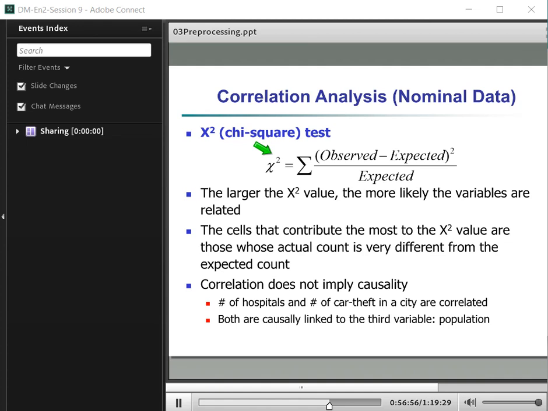So for different cells, we can apply the chi-square test and find the value of chi-square. If this value is high, I can say that those values are related.